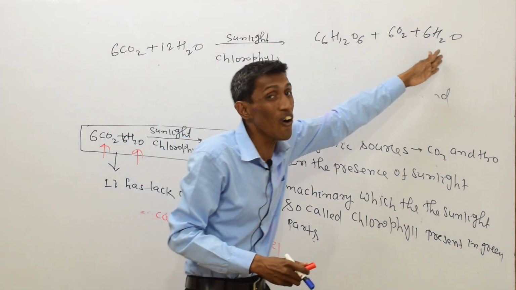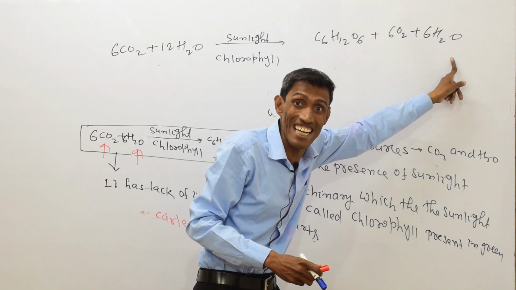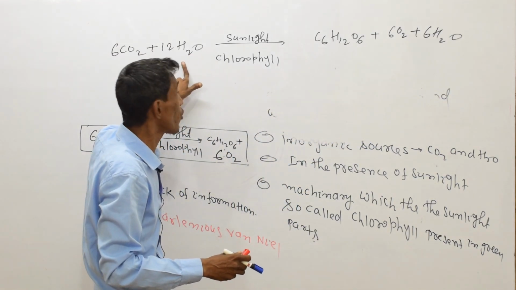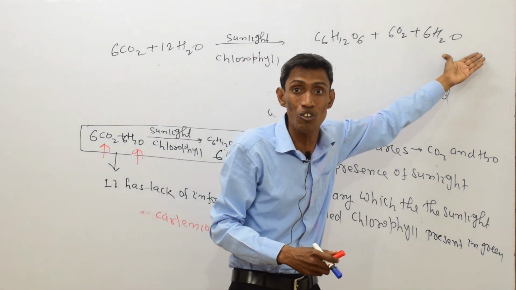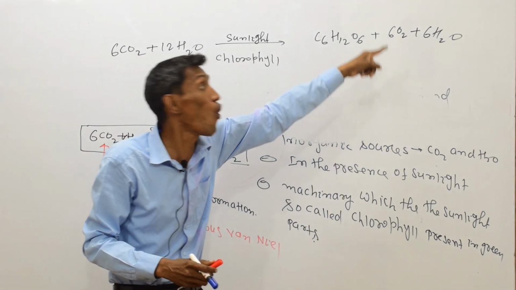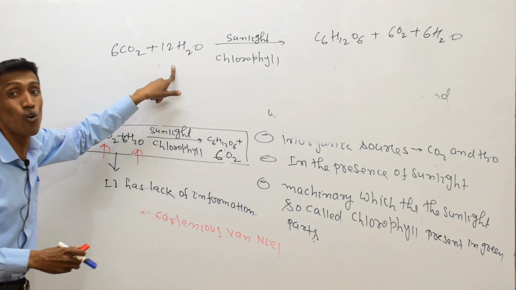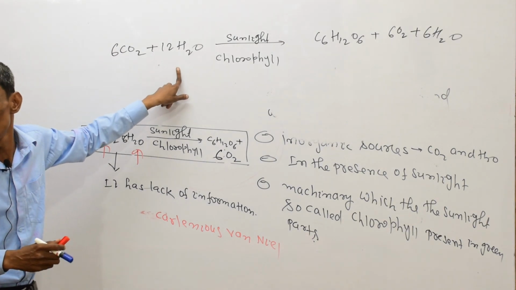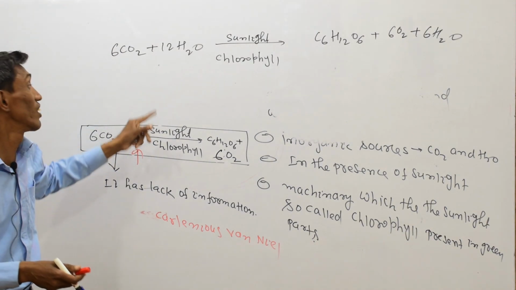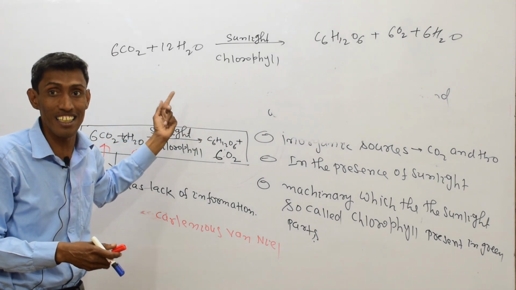So H2O is a part of the reactant and H2O is also a part of the product. This H2O is forming during the reaction and this H2O is used during the reaction.